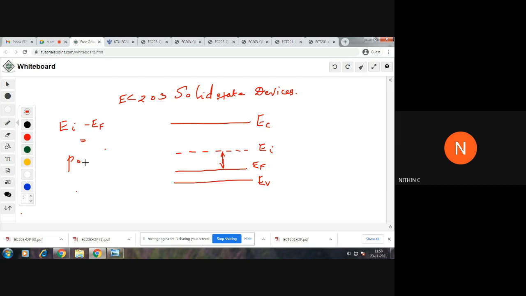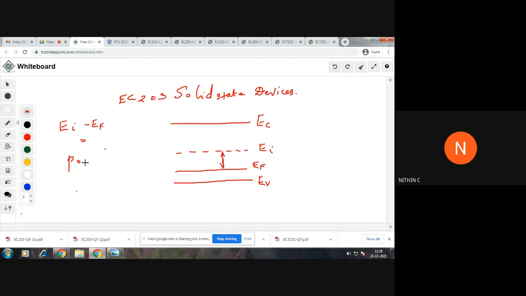Anyone else? Pranav, please check. Nikhil, check it. Dhyan, which expression did you use? Just say P0 is equal to. Dhyan: P0 equal to Ni e raised to Ei minus Ef by kT. Okay, so you can use that expression.